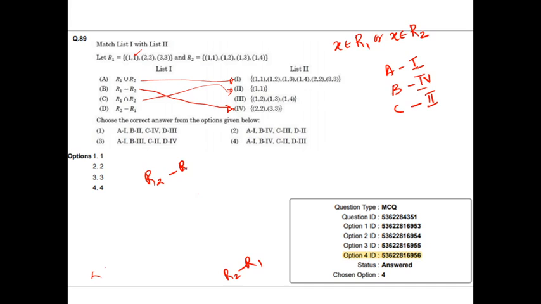R2 minus R1 can be written as elements present in R2, not in R1. So what are the elements which may come under that category? Take (1,1). It is present here and here, so we need not include that one. What about (1,2)? It is present in R2, not in R1, so we can include that one.